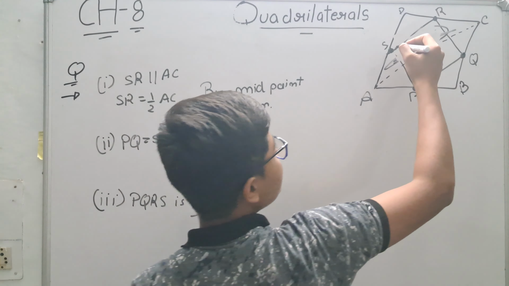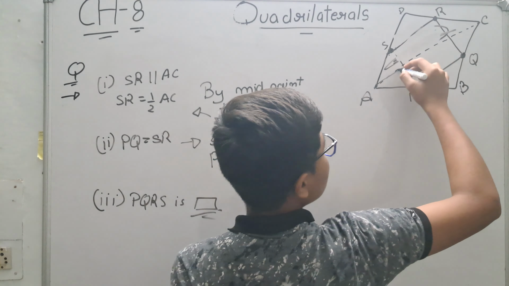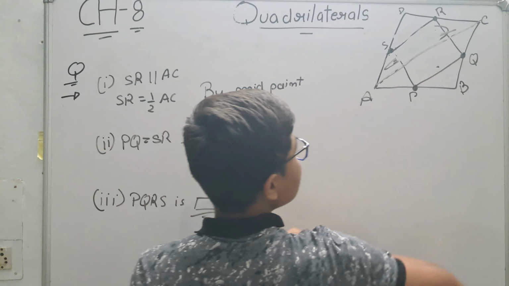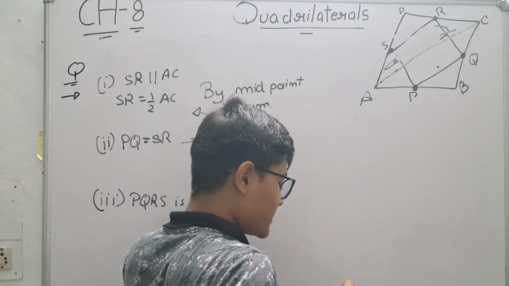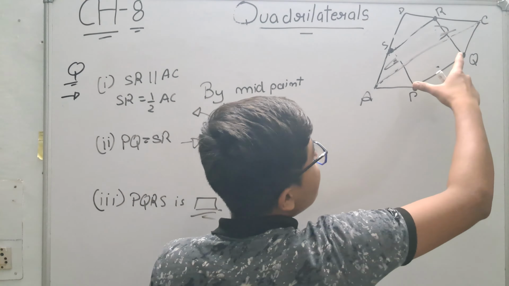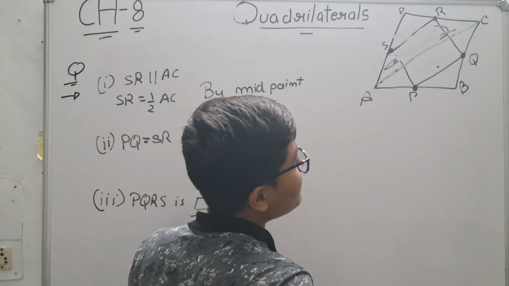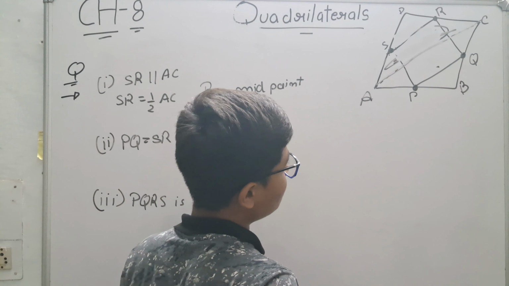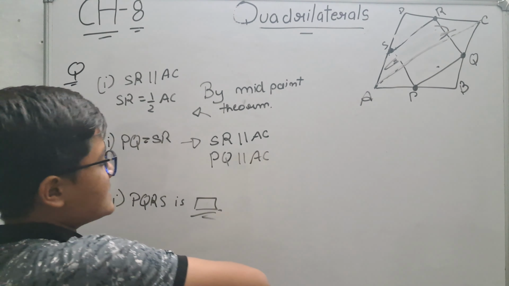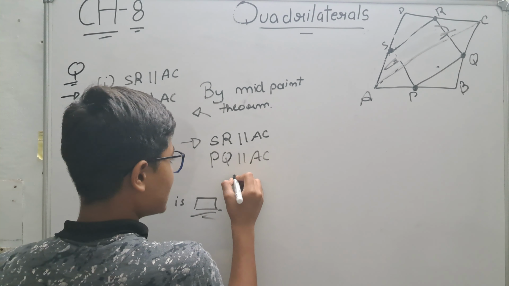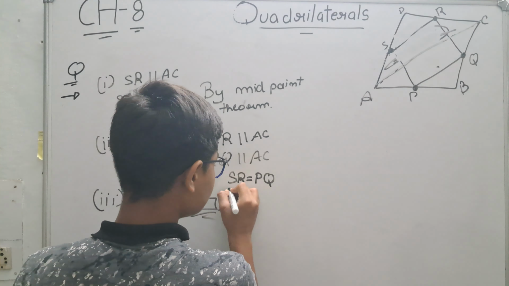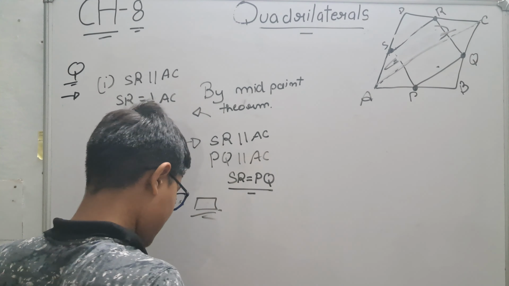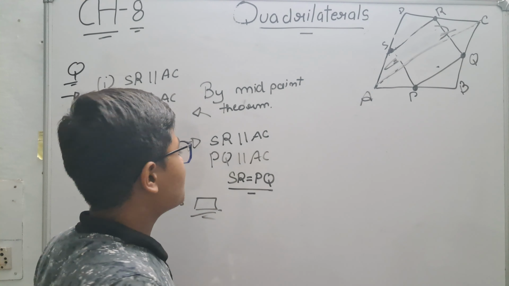In the first question, we know that SR is parallel to AC. So there is only one diagonal, students. So PQ as well will be parallel to AC. So by this we can say SR equals PQ.